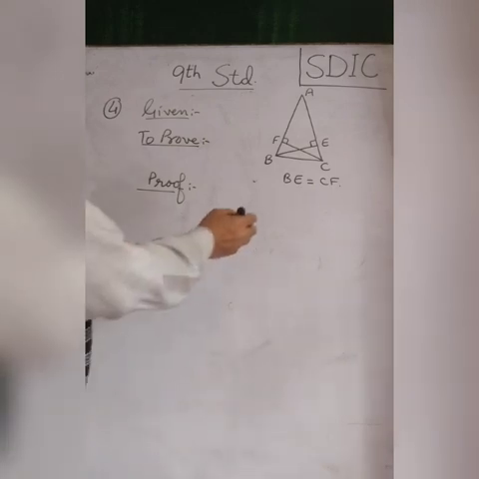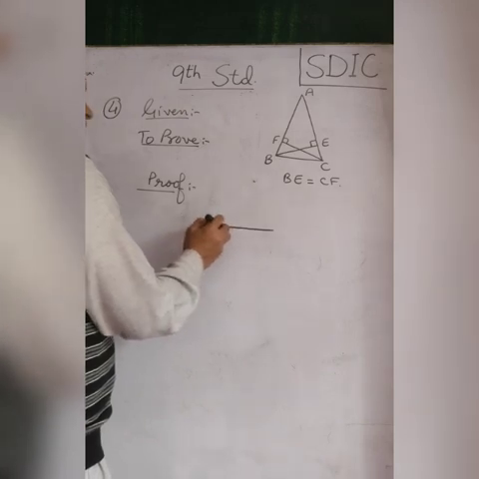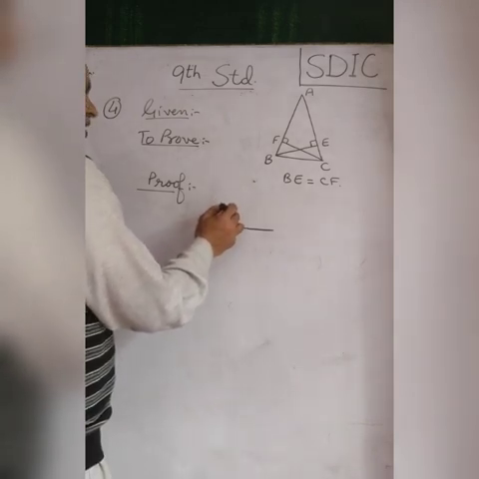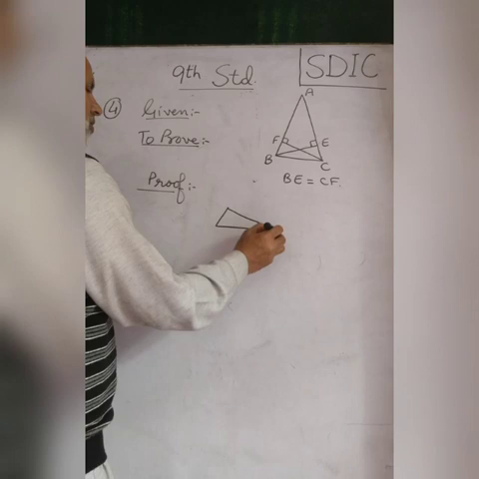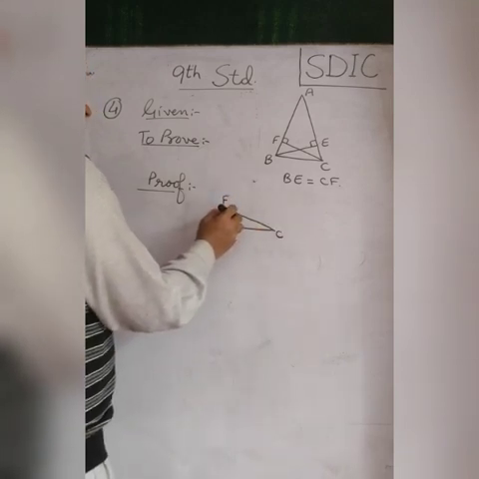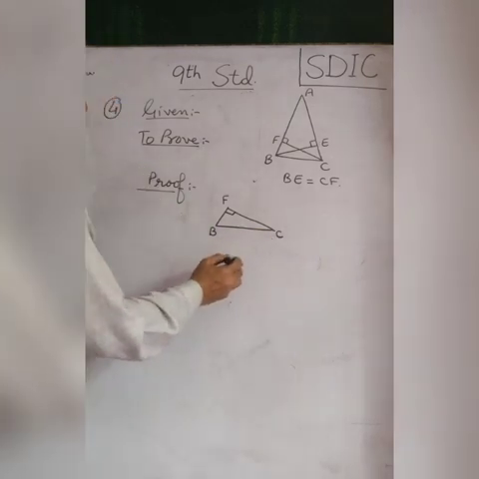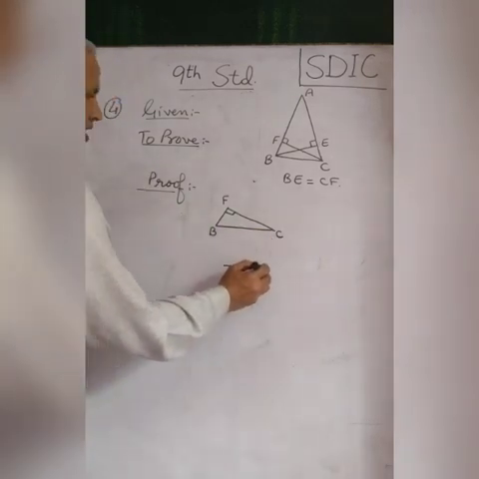The two triangles which will help us, I shall draw roughly here. One will be this triangle BCF, it has a right angle here. And another will be the similar one, triangle BCE, this one.